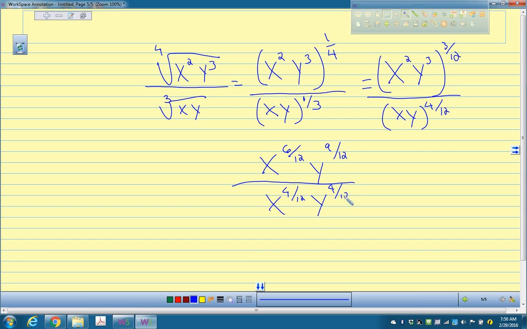You guys understand that step? What I just did there? Now what, Tate? Then you can go 4 and 6 together, and what do you get? 2/12. And then you can do 9 and 4, get 5/12. And then I'm going to rewrite that as the 12th root of x squared y to the 5th.